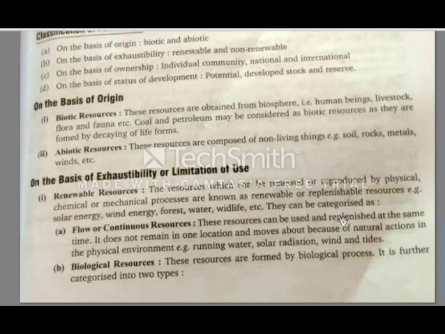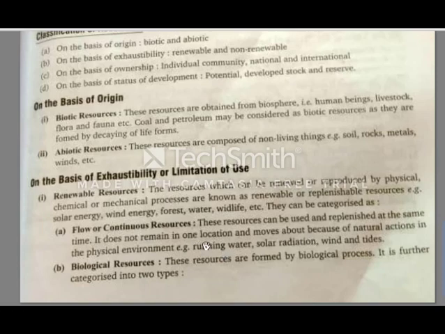Replenished means refill. So these resources can be used and refilled at the same time. How? Because many times, because of environment change, their location also changes.